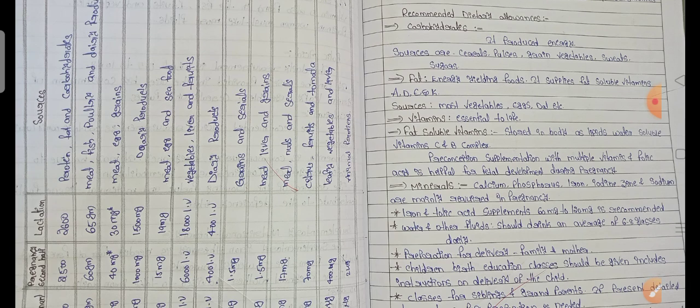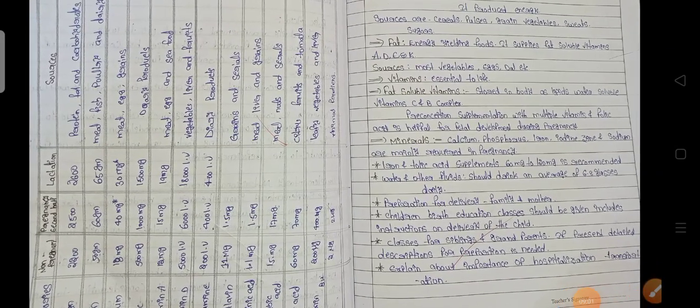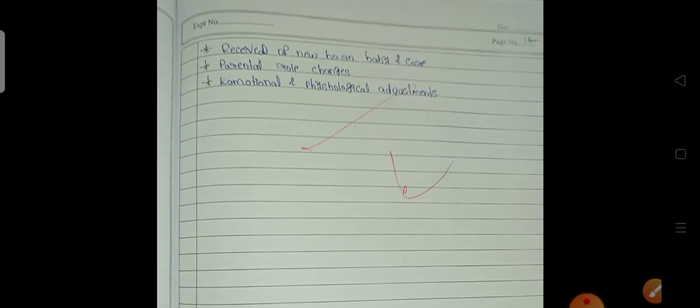Recommended daily allowances. Okay, I have completed the second question.